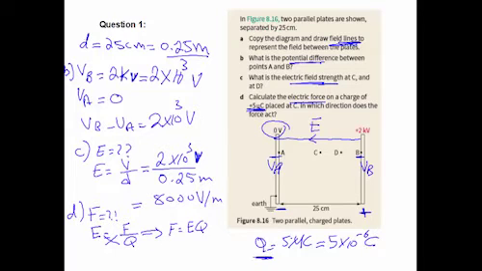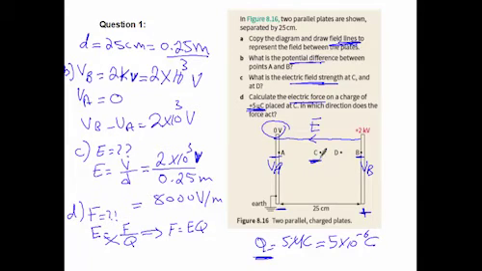So they are asking us if a charge is at point C, this is the amount of charge, what should be the electric force and in which direction does the force act? To calculate the force here, if this charge has been placed at any point, as far as the charge is constant and E is constant, it will be affected by the same force.